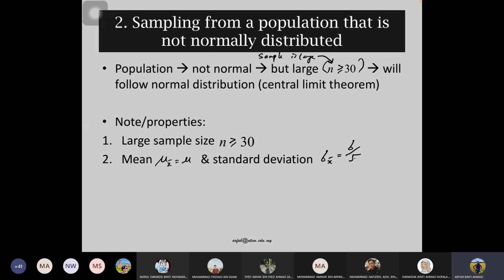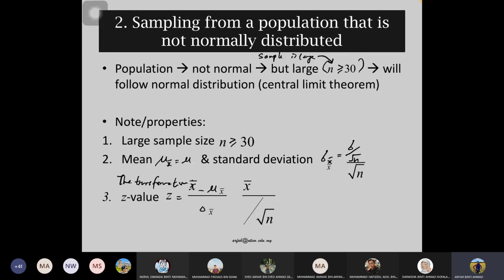Okay, so dia punya transformation, the z value, z akan sama dengan x bar minus mu x bar divided by sigma x bar equal to x bar minus the mean divided by sigma over square root of n.